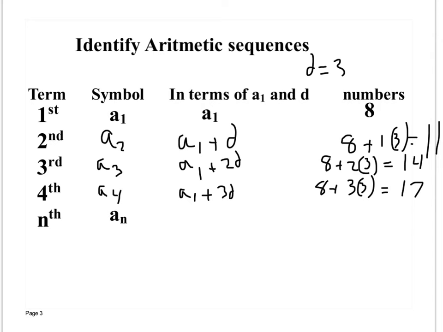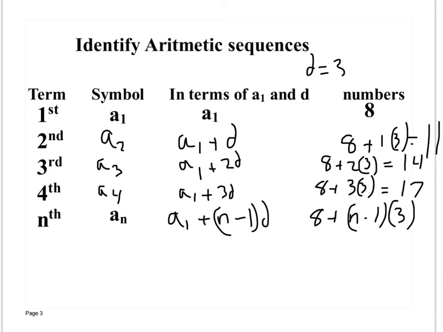In terms of A1 and D, it's the first number plus n minus 1 times D. So if you wanted to figure it out, you would take 8 plus n minus 1 times 3. Because let's think about it. For the fourth term, what did we times D by?